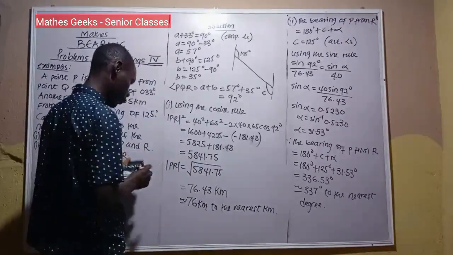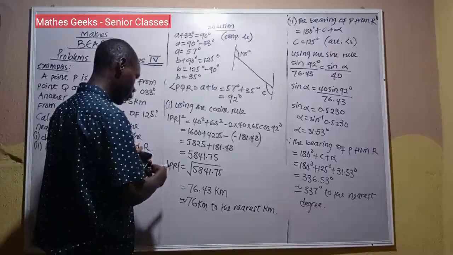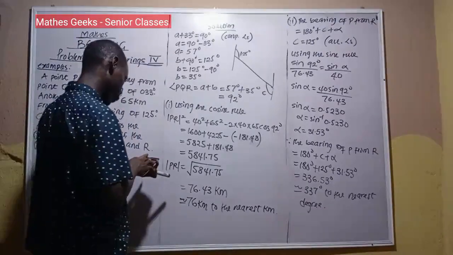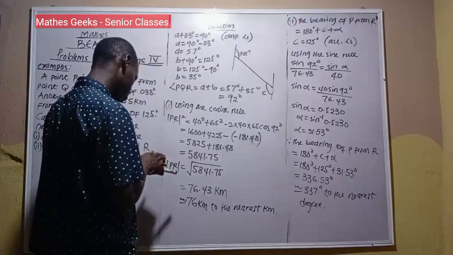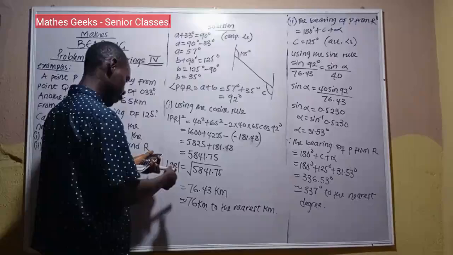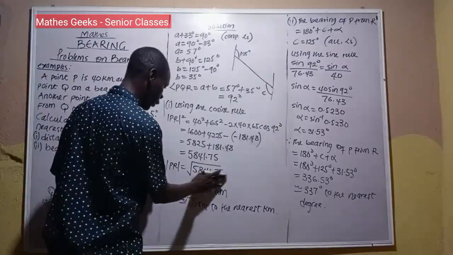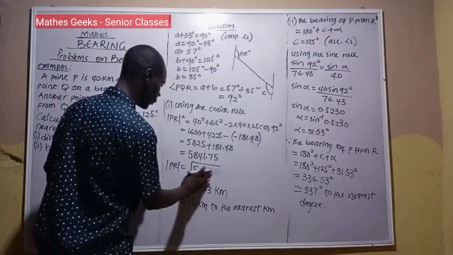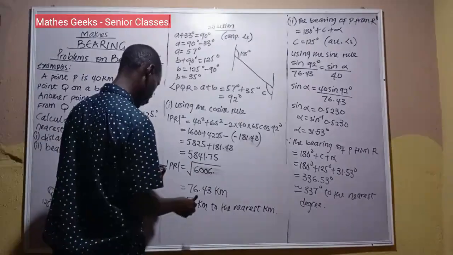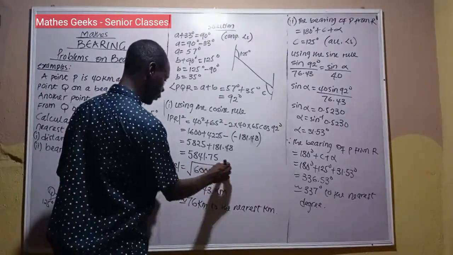So the answer here will be 5825 plus 181.48, which is 6006.48.